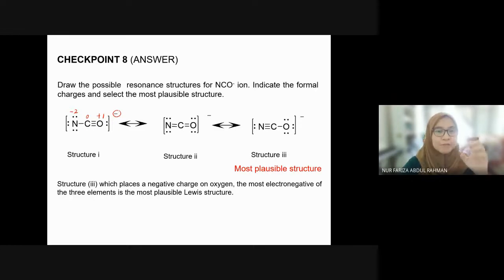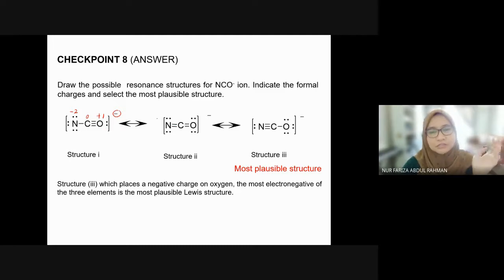Unless unfortunately you got -3 here and +2 here: -3, +2, still you get -1, but it is still wrong. So that is one alternative for you to check your formal charges.